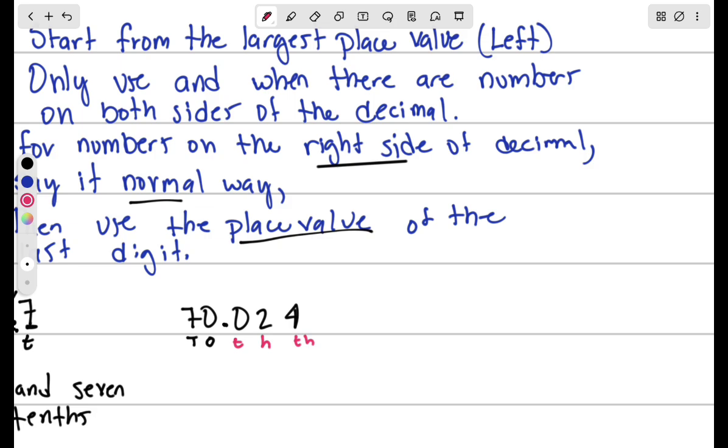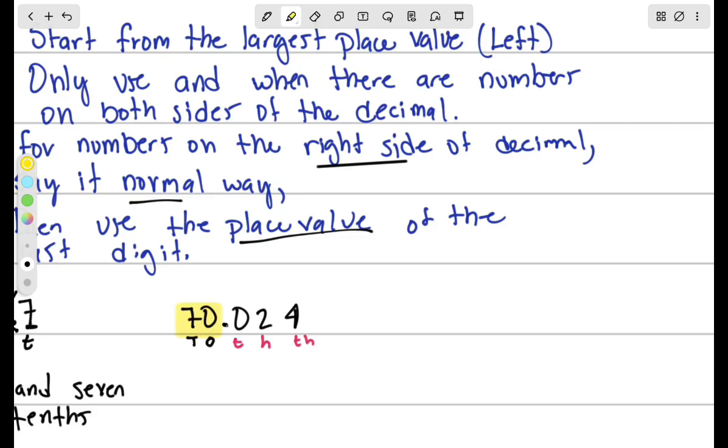All right. So Jaden, let's start it off. Let's start with the biggest place value to the left. So how do you say that first part before the decimal? All right, so 70. Then we're going to say what? Say it loud. What word are we going to use for the decimal?